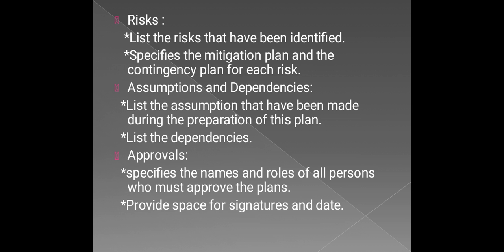While testing, what types of risks you will get has to be listed. Then specify the mitigation plans and contingency plans for each risk. The risks while testing should be listed in the test plan template.